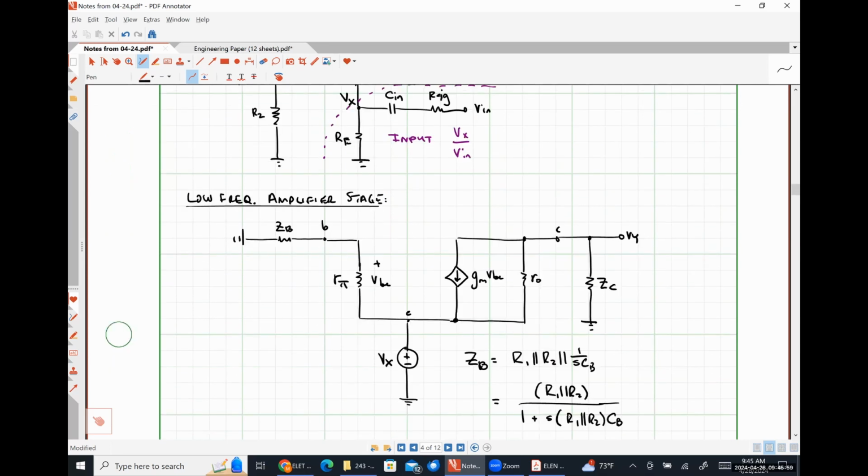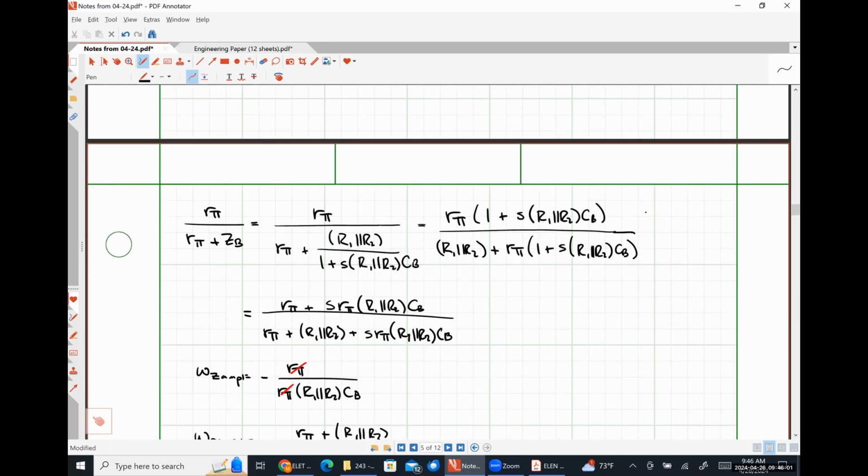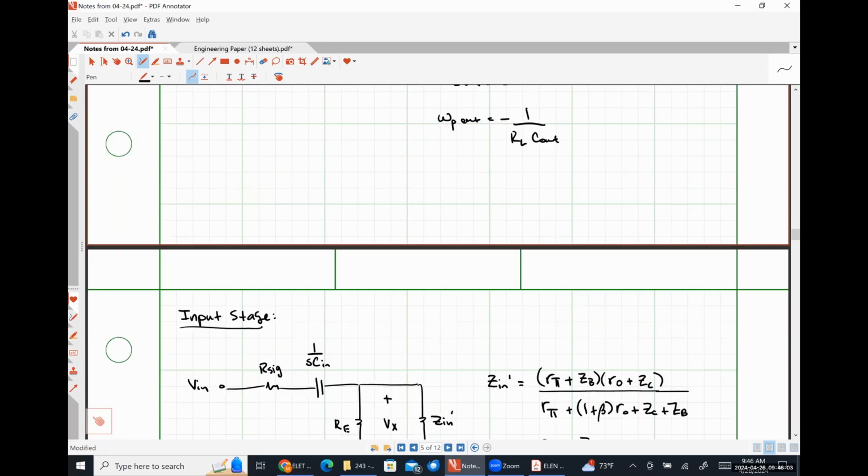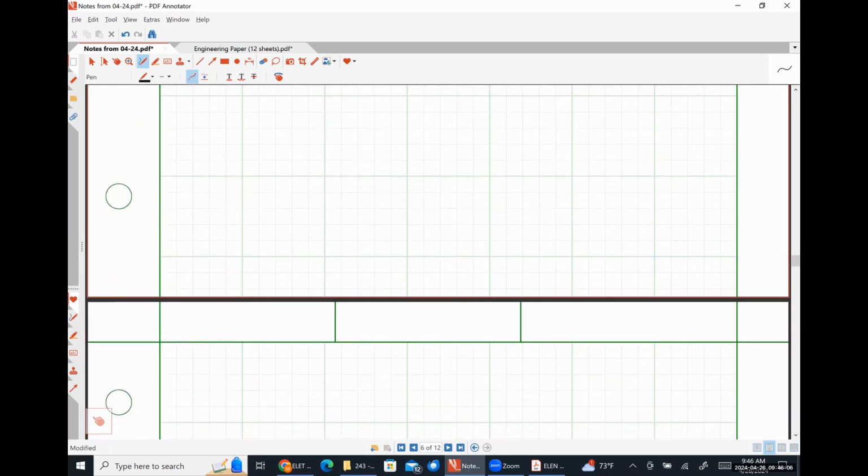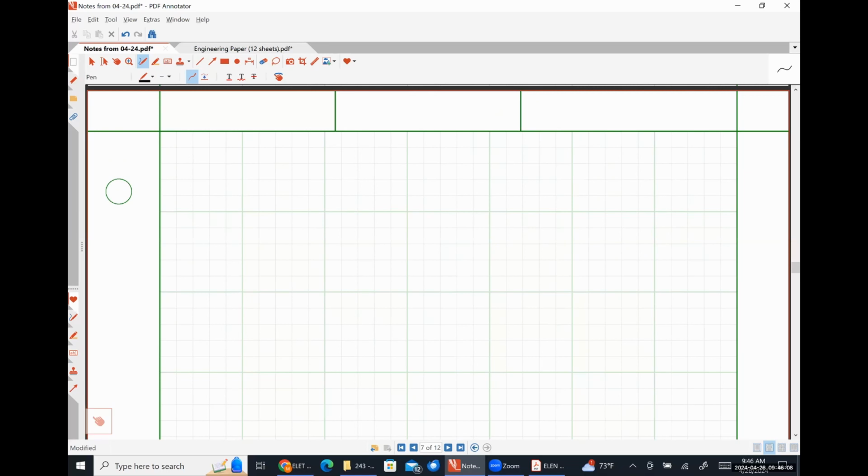So let's look here. What does Cin see? I'm going to call this R up. And it's definitely just going to be a resistance because all of those other capacitors are short circuits.